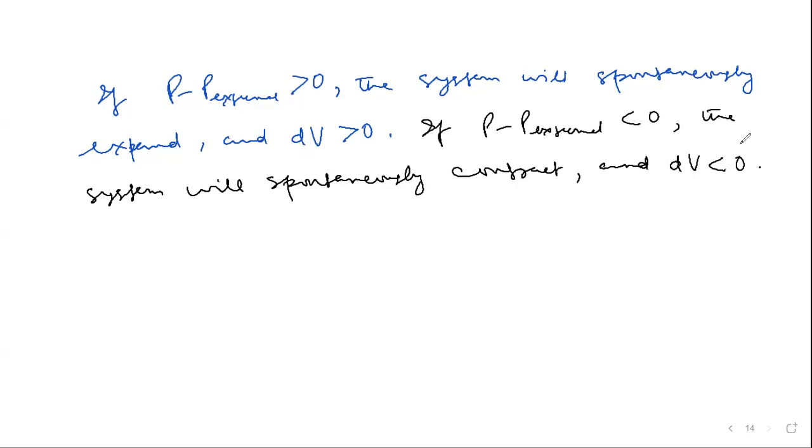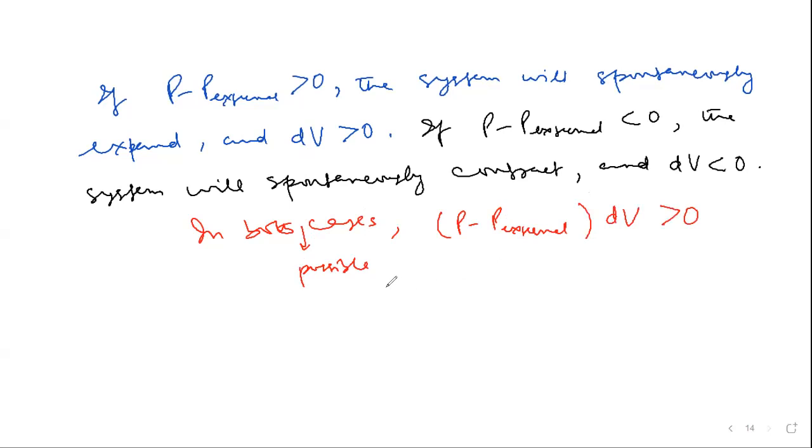So in both cases, whether the system contracts or expands, p minus p external times dV is greater than 0.